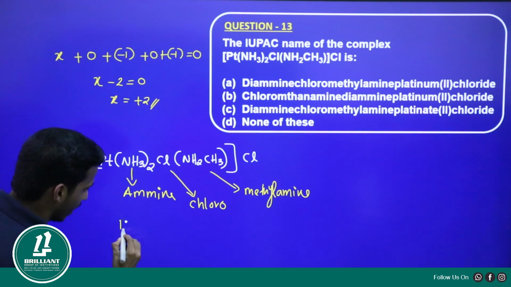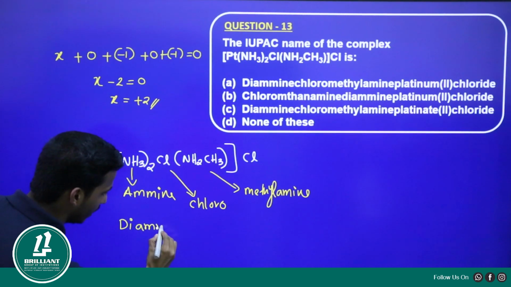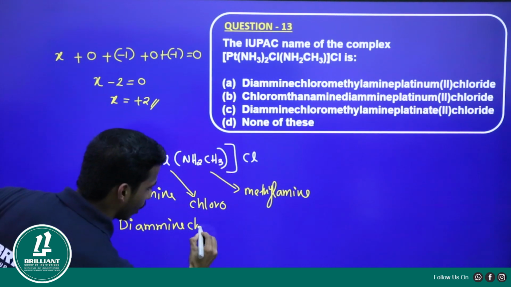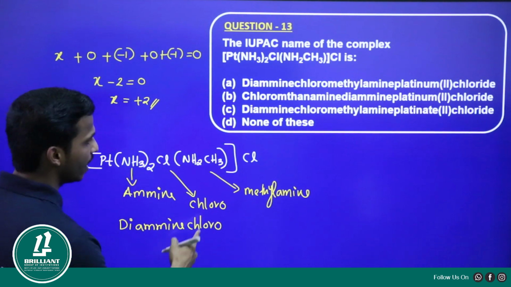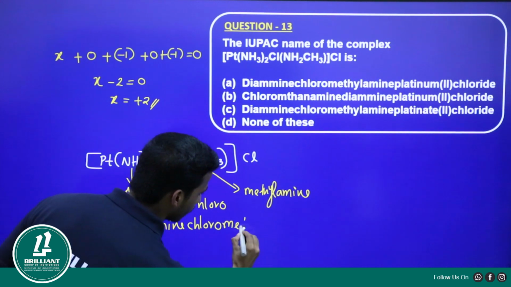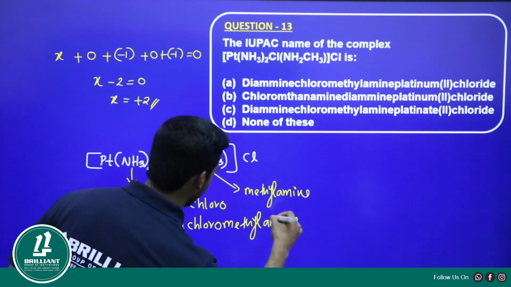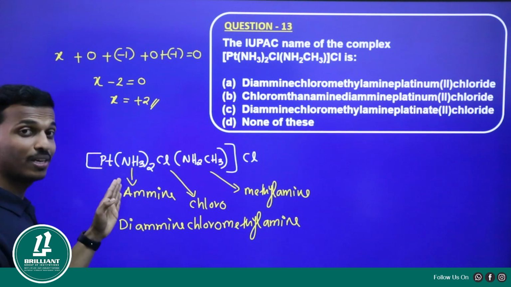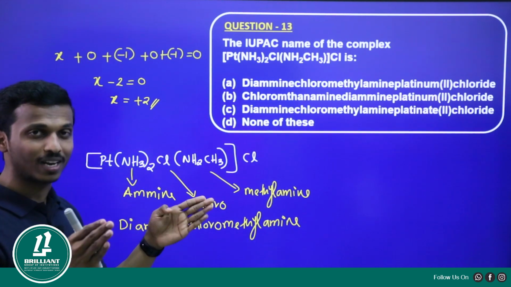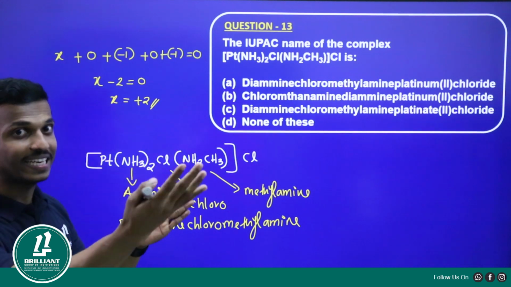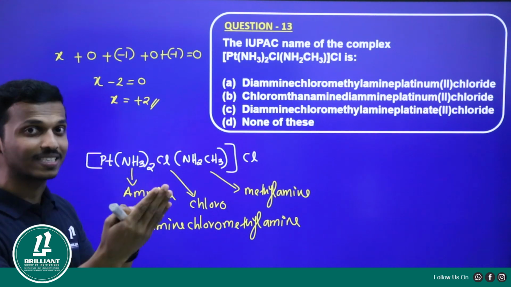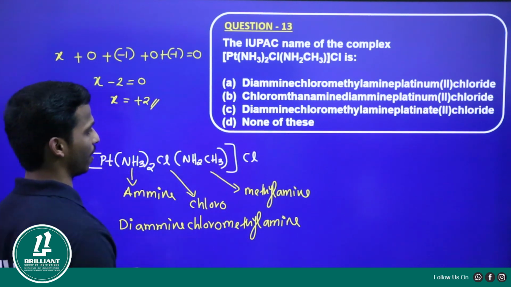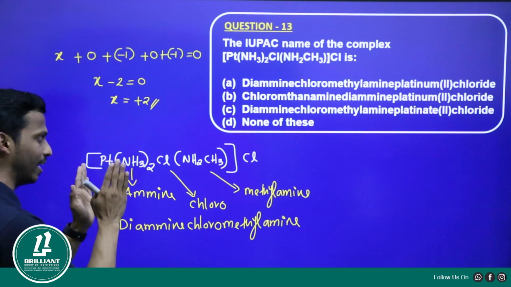So here we can write diamine, two amines are there, then we have only one chlorine, so chloro, then methylamine, and the central metal atom is platinum. The platinum is located in the cationic part, so no need to write platinate, right? We use platinate when the coordination sphere is the negative, anionic part. Here it is in the cationic part, so platinum is enough.